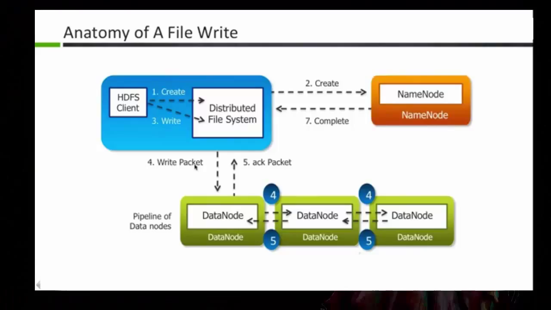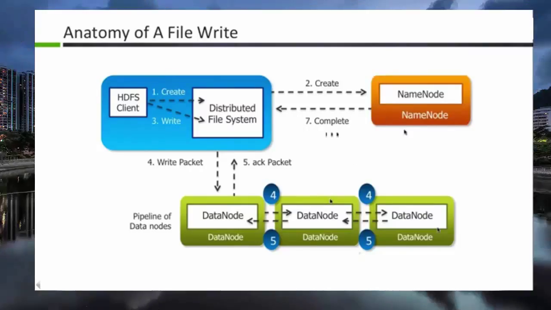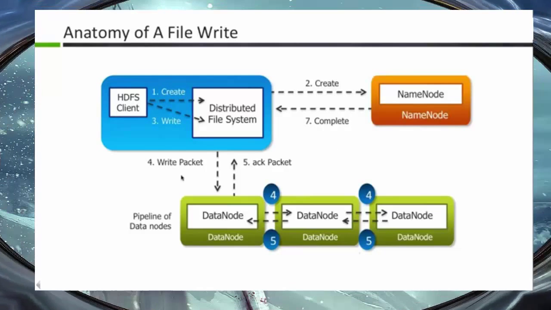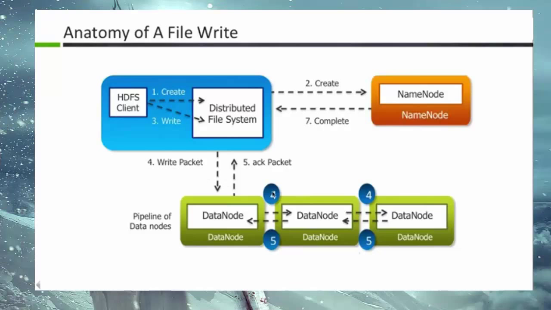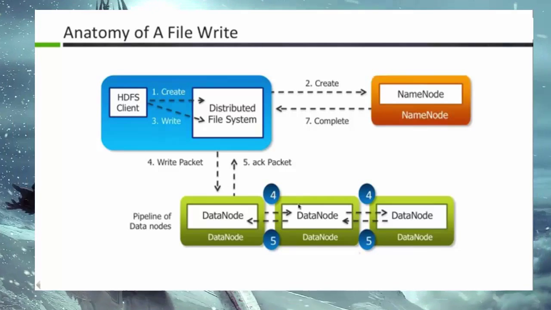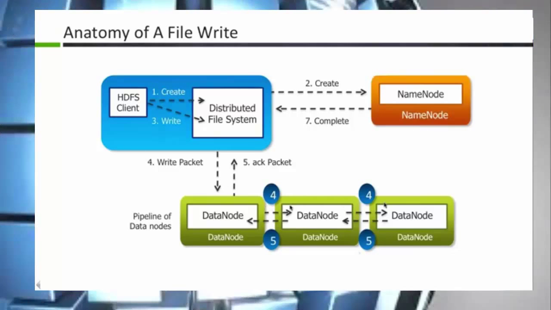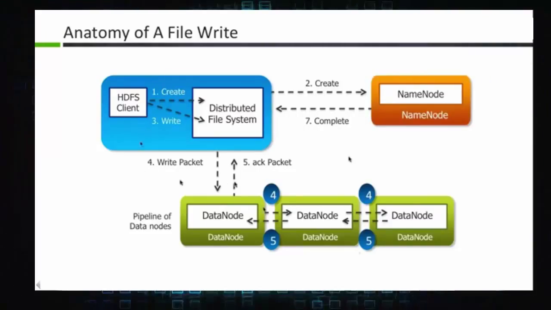Is that clear, guys? If the data node failed, through the heartbeat mechanism, the name node will know that this data node is not working. So the second time when it sends the write packet, it will send the address of a different data node than the one it sent earlier, so that the write can happen at that. If there was no failure on the data node, it will send the same write packet once again to make sure that the write happens.